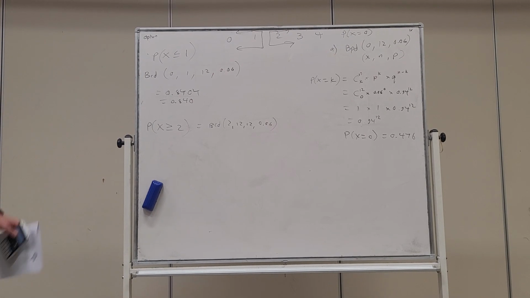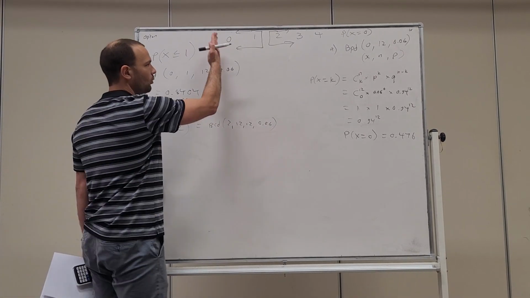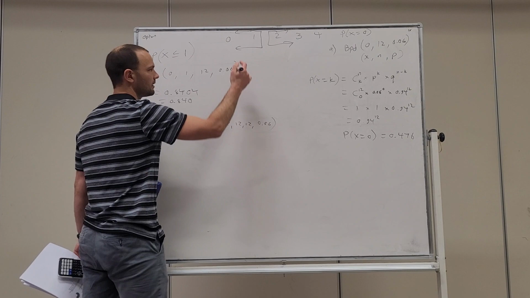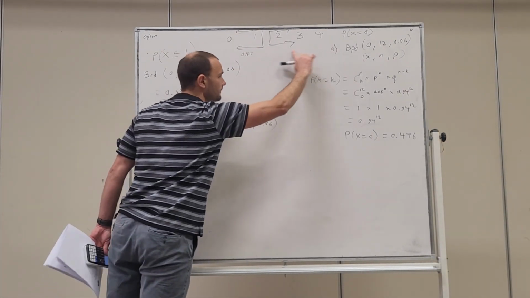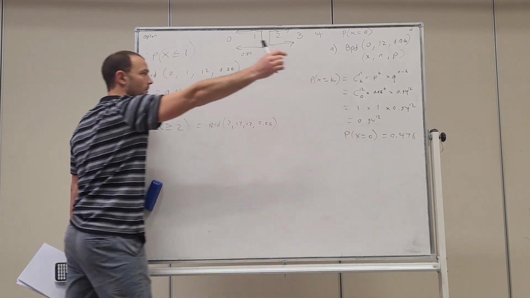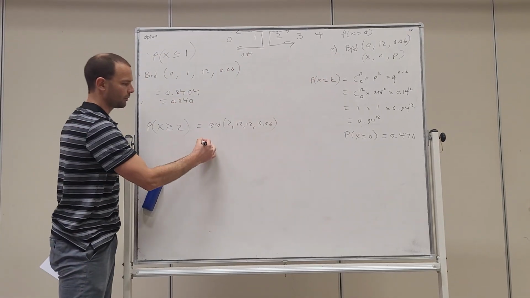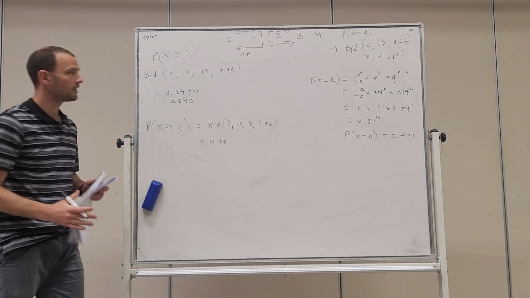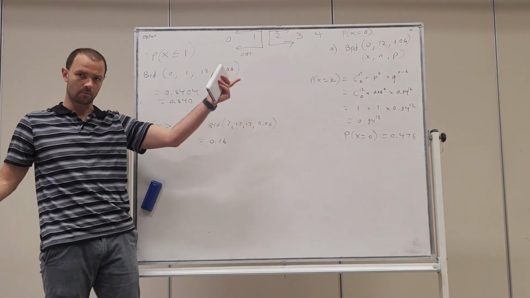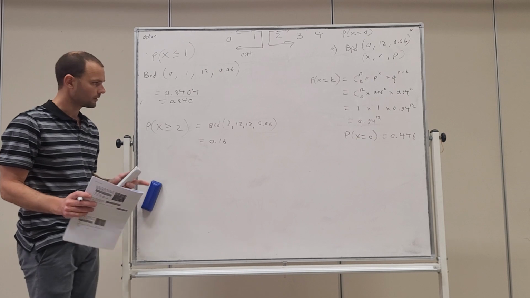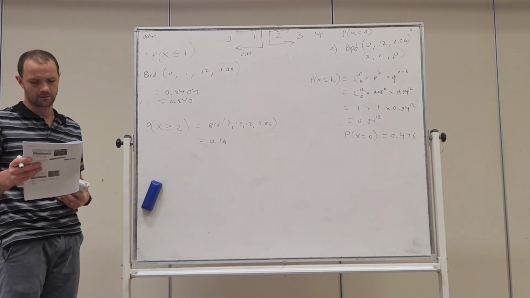Or, you can type that in if you want, we know that all of these events add up to 1, and we know that this event is 0.84, so this event here has to be the remainder of the probability, which is 0.16. Okay? 0.16 plus 0.84 will equal 1, all probable events. Or you can type it in your calculator, that's fine.